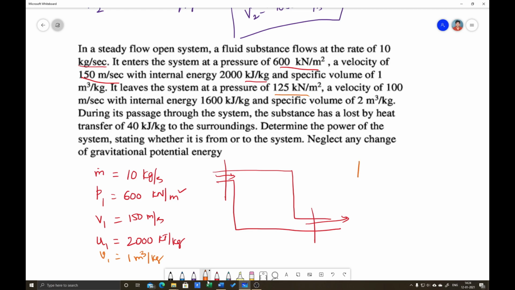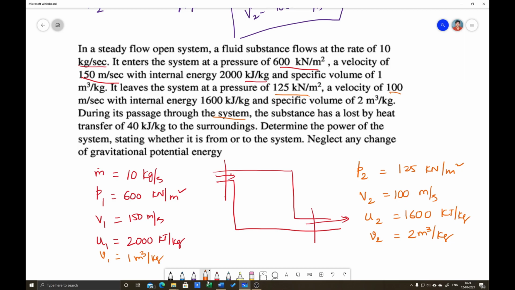It leaves the system at a pressure, P2 is 125 kilonewton per meter square, and the velocity V2 is 100 meters per second, and the internal energy U2 is equal to 1600 kilojoule per kg and specific volume v2 is equal to 2 meter cube per kg.